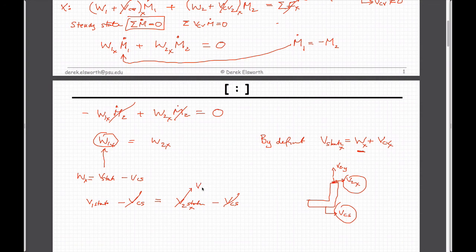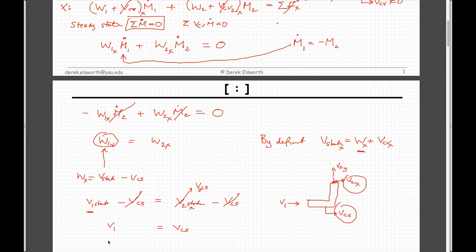So this is the velocity of the control surface at point 2, which is the velocity of control surface anywhere. And we know what V1 static is because that's the velocity of the hose that comes in here. So the bottom line is that the velocity of the control surface is equal to the velocity 1 of the hose.